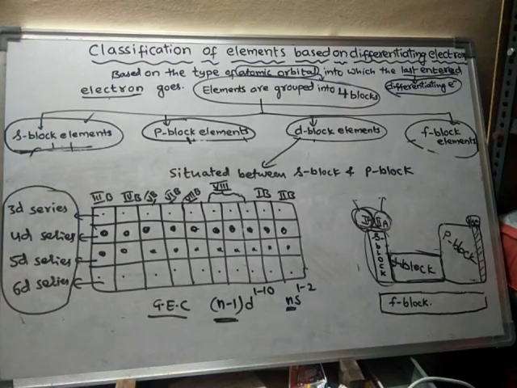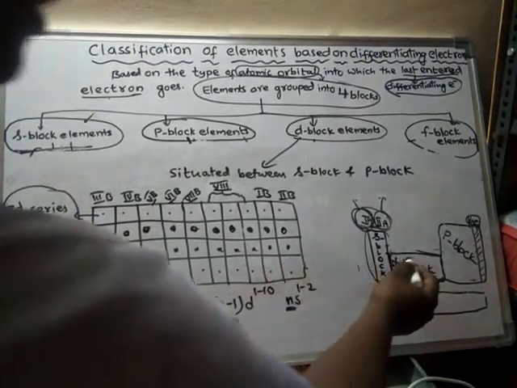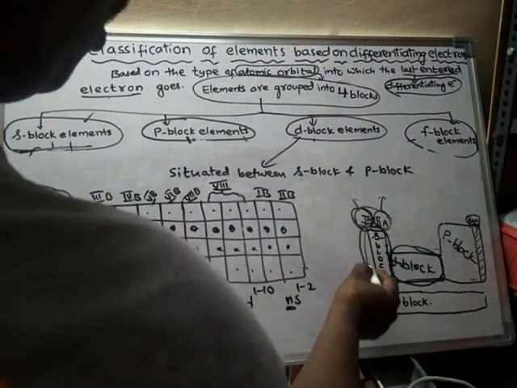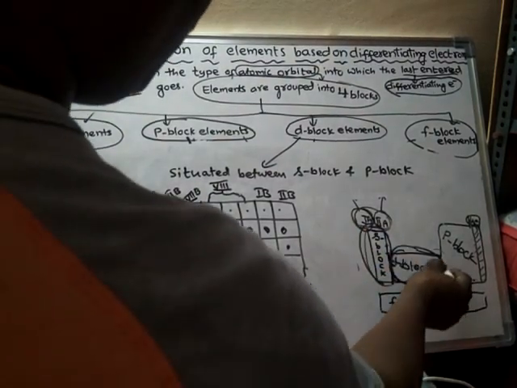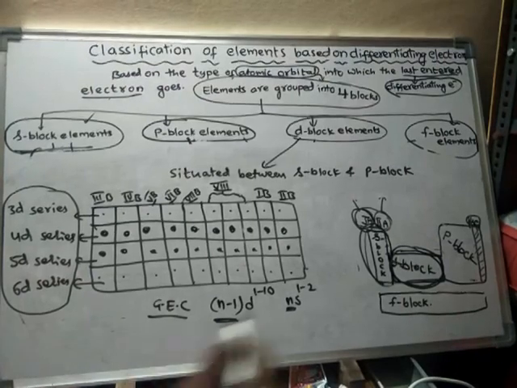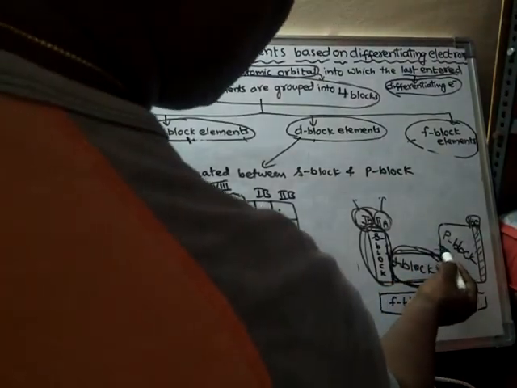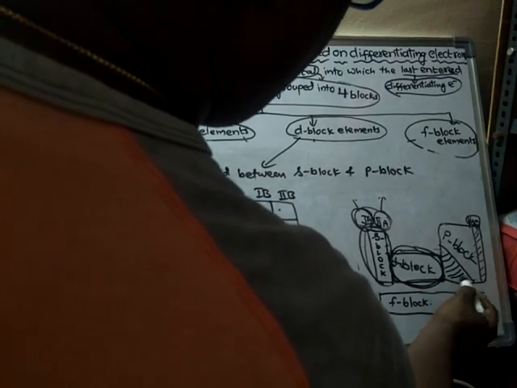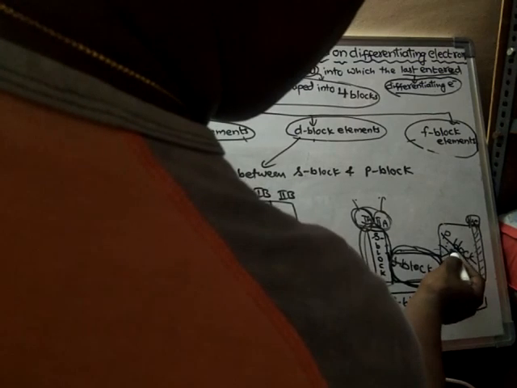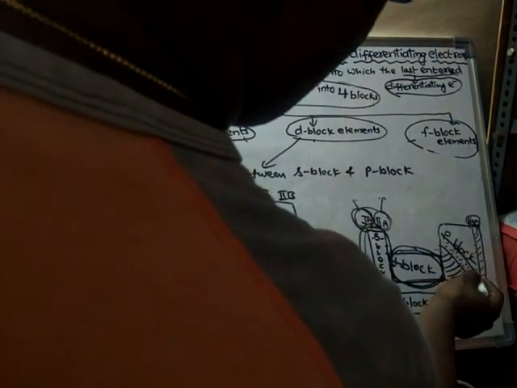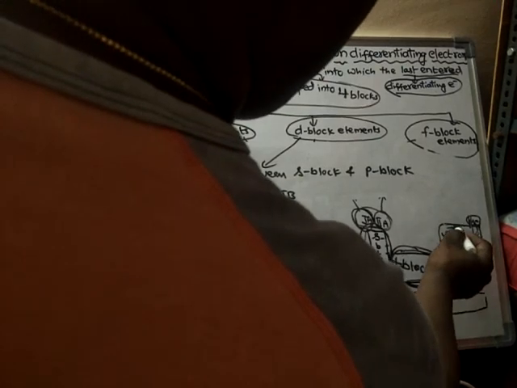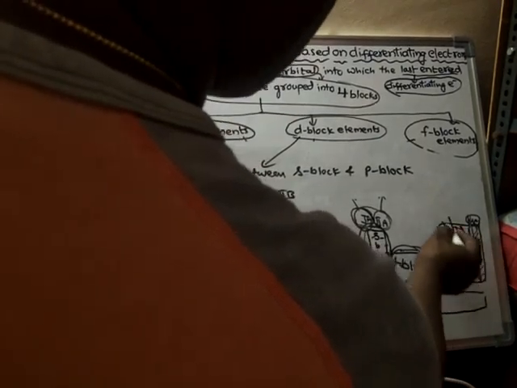See, look here. The important thing is all the D block elements are weak metals only. S block elements are strong metals. D block elements are weak metals. Remember. And in the P block, in this portion weak metals are present, and in the middle these are metalloids, and here you will find non-metals.